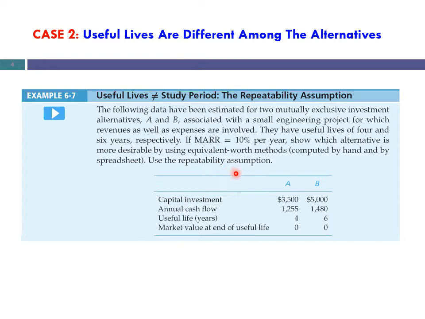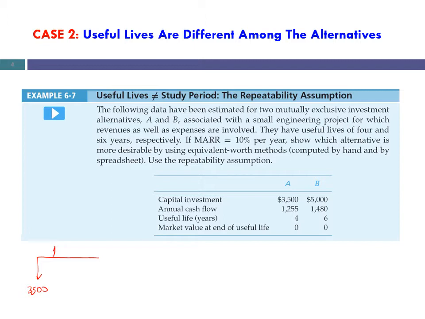In order for us to be able to use the repeatability assumption, look, the useful life of A is 4 years and the useful life of B is 6 years. So what does it mean? If I sketch the cash flow diagram for A, the capital investment is 3,500.